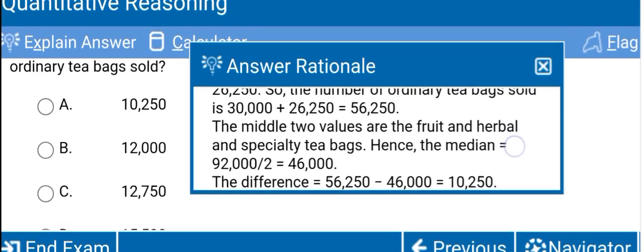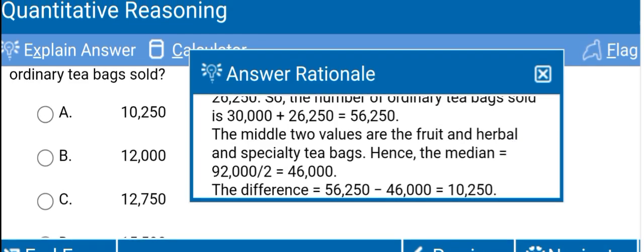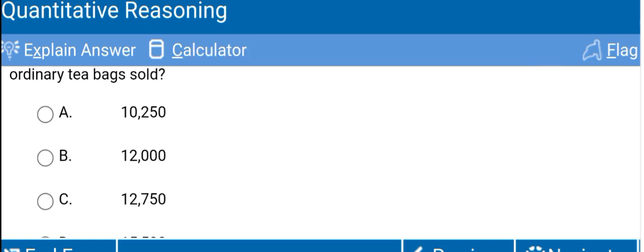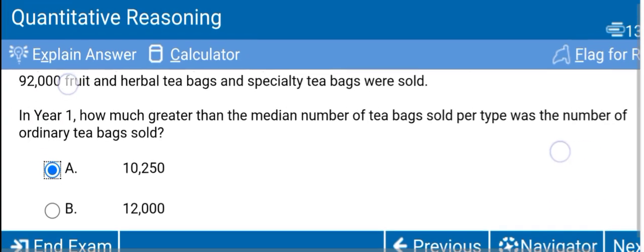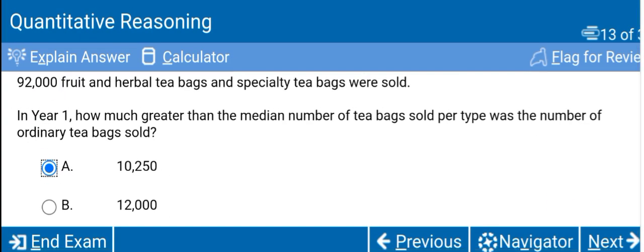So difference equals 56,250 minus 46,000 equals 10,250. So here we have the correct option is option A. The number of ordinary tea bags sold was 10,250 greater than the median number of tea bags sold per type.